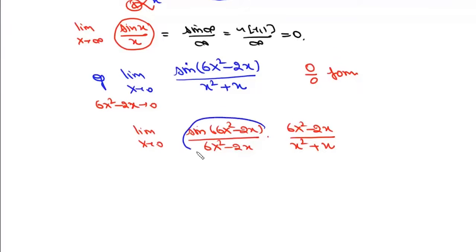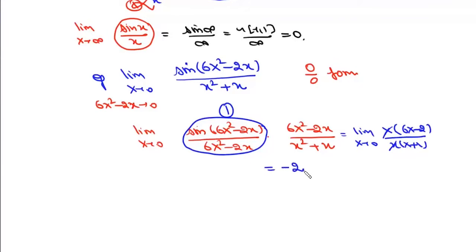Now this becomes a standard limit whose value is 1, and here we can take x common. So it will be limit x tends to 0 of x(6x minus 2) upon x(x plus 1). This common factor x will cancel, so this limit will be simply -2.